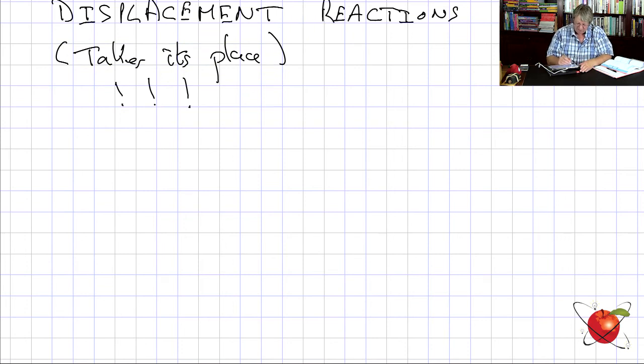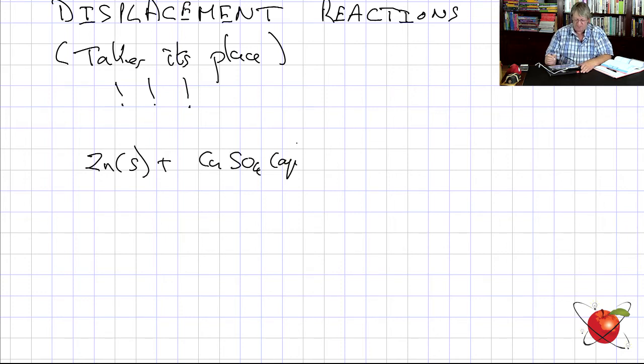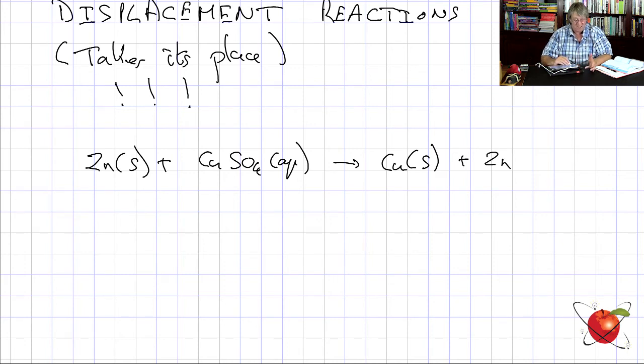What did we have? We put zinc solid plus copper sulfate aqueous, okay? And we noticed that we got copper solid, plus the zinc was disappearing, so the zinc must have linked onto the sulfate, all right? Remember, zinc is +2, copper +2, sulfate -2.